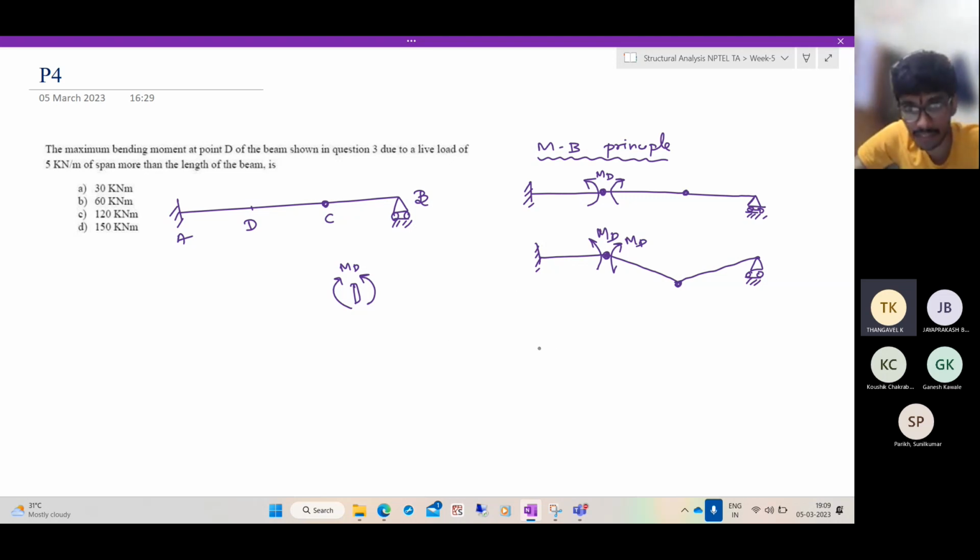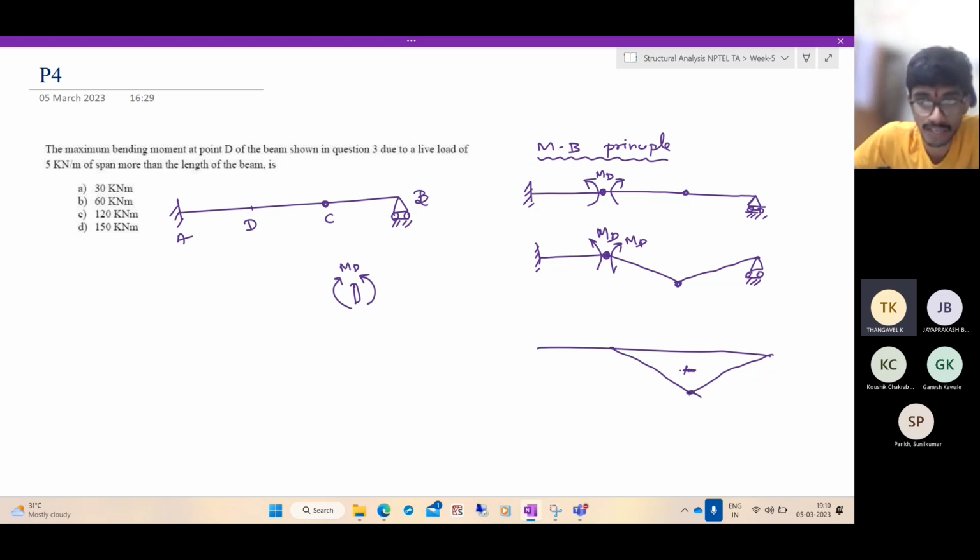So by the Muller-Breslau principle, you can say the bending moment is something like this. Negative. Now that is fine, so this is MD.